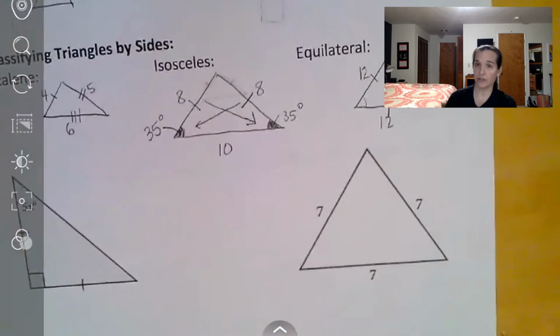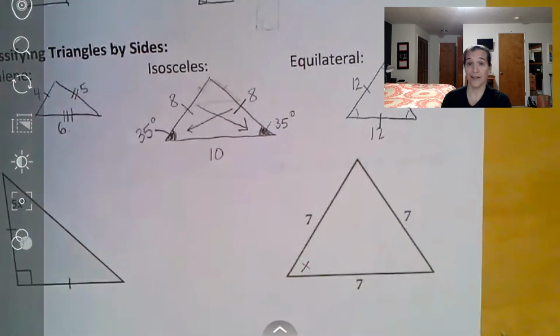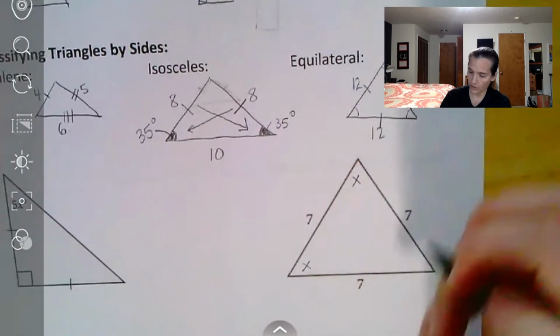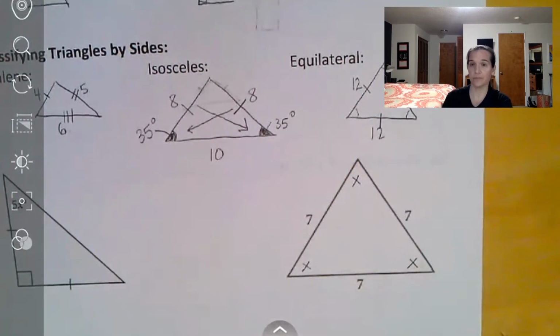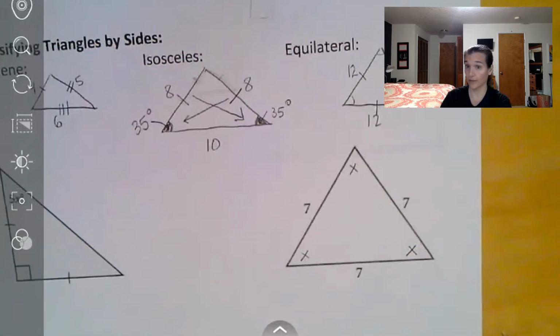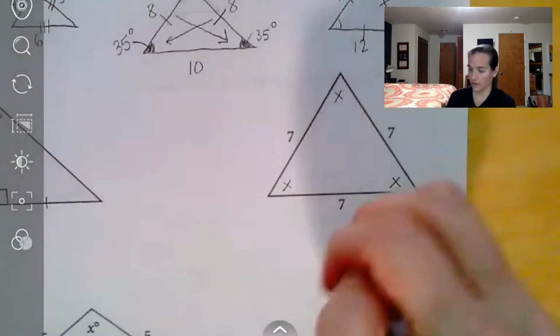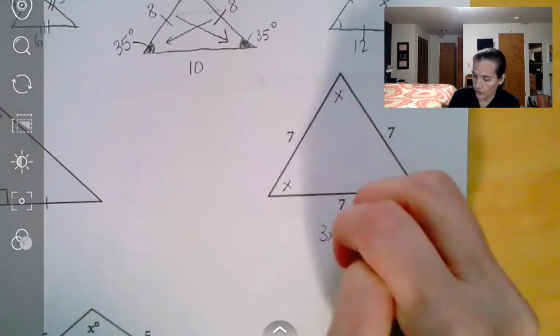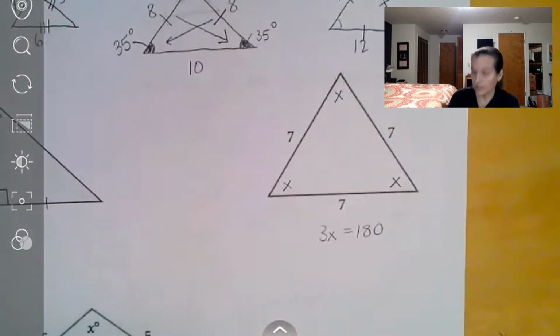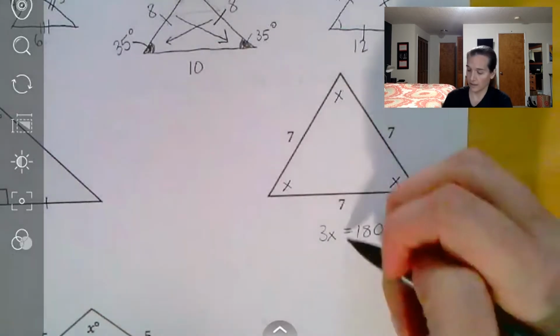So we're going to jump down here to this one. We don't know how big this angle is. Maybe you do. But I don't know it yet. But I do know that all 3 of them have to be the same size. So since I don't know one, I'll call it x. And this one has to be the same, so it's x. And this one has to be the same, so it's x. Which leads me to my lovely little problem in which my 3 x's together have to add up to 180.